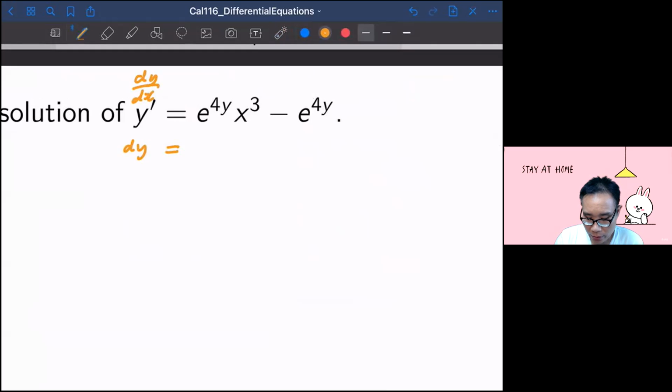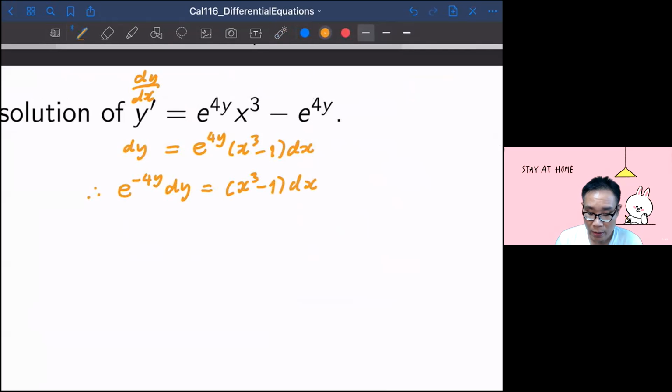So it's going to turn out to be e to the 4y times (x cubed minus 1), and you're going to multiply with dx. Okay, so you would get e to the negative 4y dy equal to (x cubed minus 1) dx. And you can integrate both sides like this.